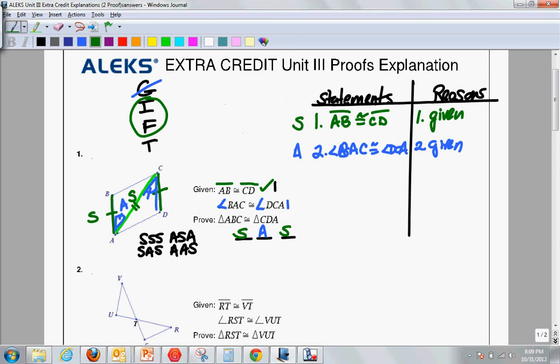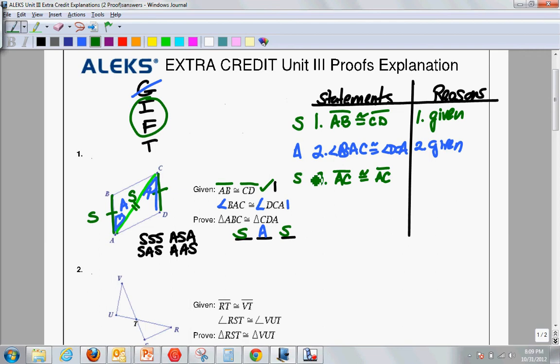And then the third side is this reflexive side down the middle. Now this is going to look a little strange, but you actually make sure you use the segment symbol. And you're going to write segment AC, use the congruent symbol, to AC. Yes, it's the exact same thing. That's why it's called the reflexive property.